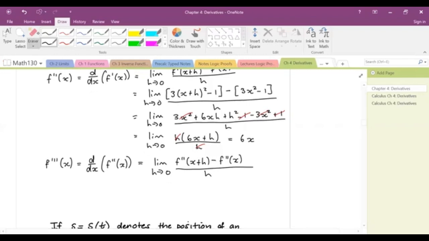And f double prime is 6x. So that is equal to the limit as h tends towards 0 of 6 into x plus h minus 6x all over h.